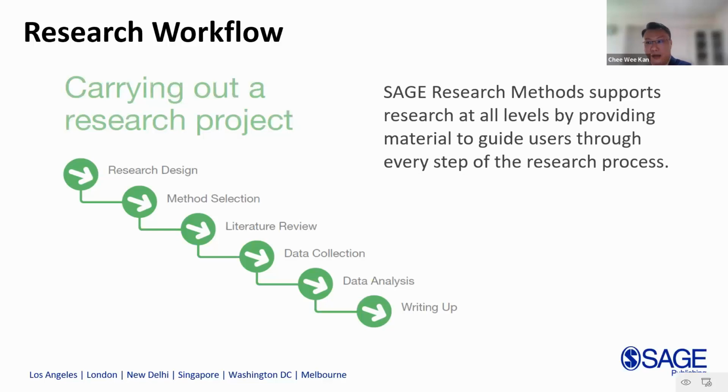At all stages, it will help researchers of all levels conduct their research, with information on the full range of quantitative or qualitative methods, not just one discipline, but various disciplines. In that platform there is a lot of content which I'm going to share with you.